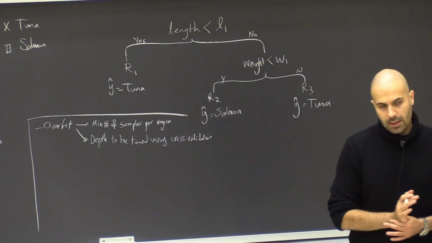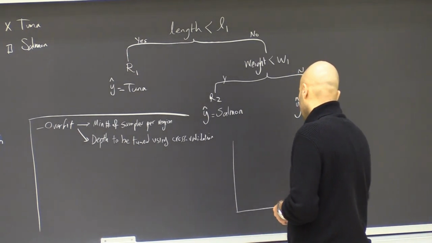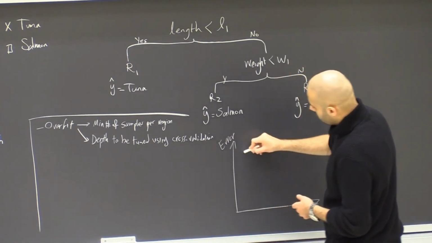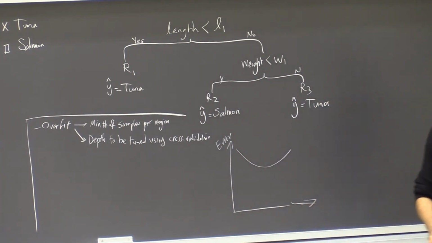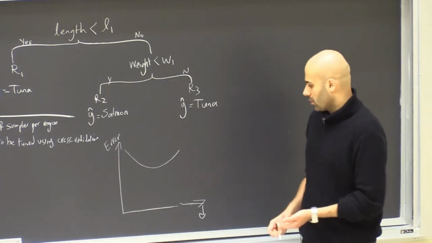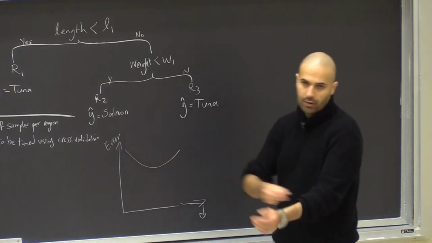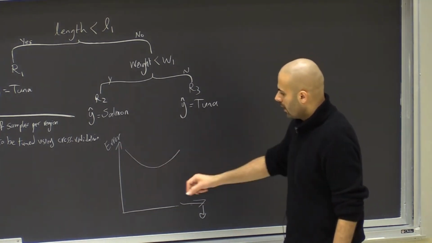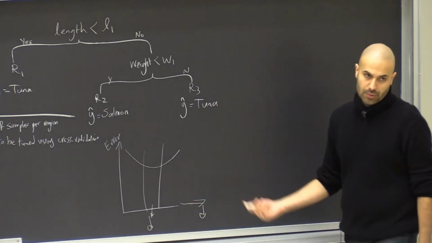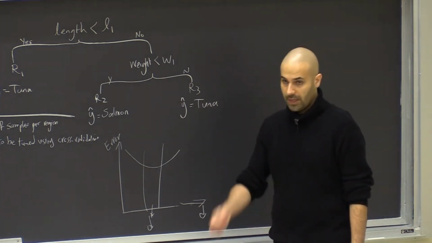In terms of the bias-variance trade-off, the error would have some pattern like this, and the depth of the tree is some measure of the complexity of the model. With cross-validation, we can get the cross-validation MSE, or some other measurement of error, let's say for classification, and see this is the region where we want to be. So this is the suitable value of D star if we want to use a decision tree, so that we don't overfit to the data.